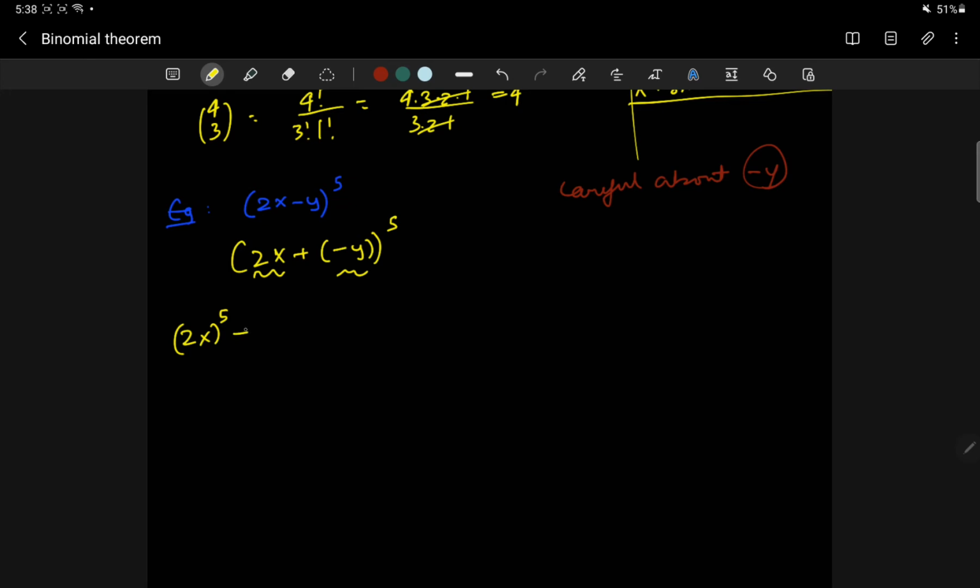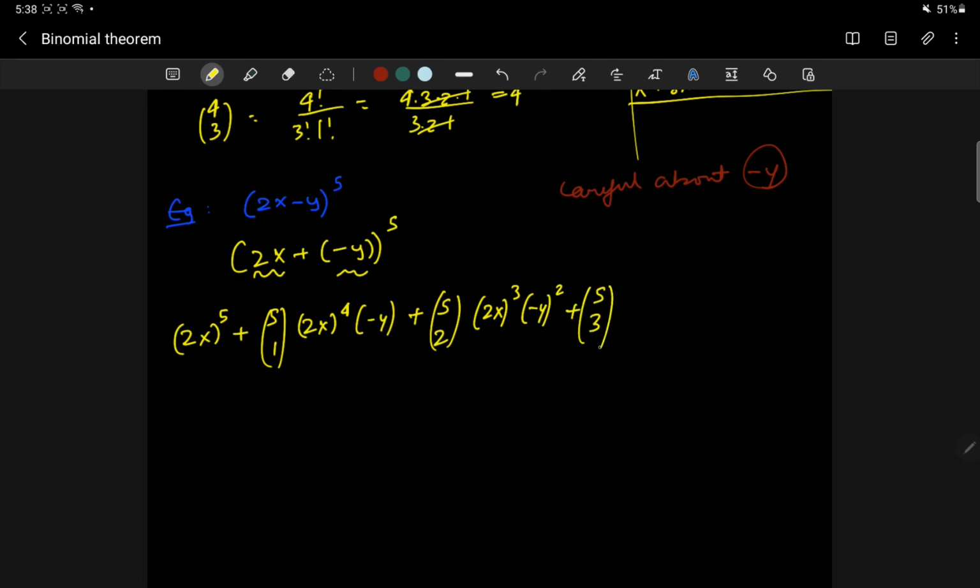2x to the 5 plus 5 choose 1, or 5c1. The power of x reduces, but the power of y will now increase. So now we have 5c2, then 2x cubed negative y squared.